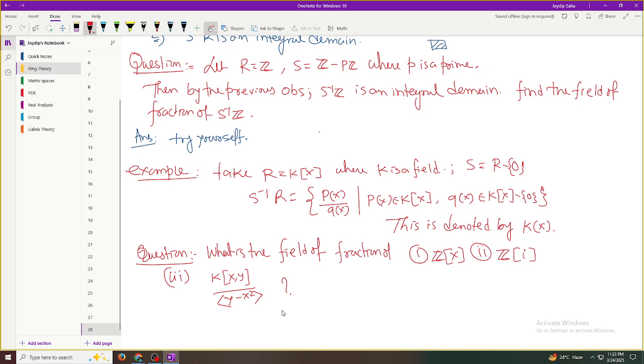Z[x] is the set of all polynomials with coefficients coming from Z. Its field of fractions is Q(x), with round brackets.